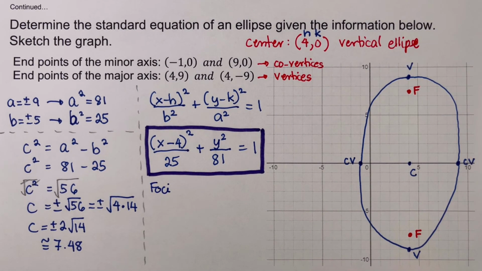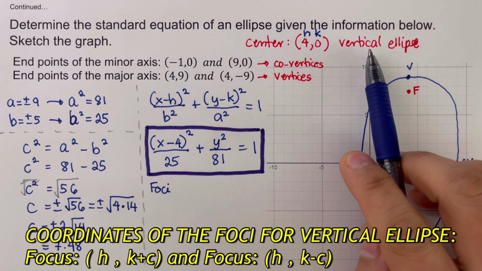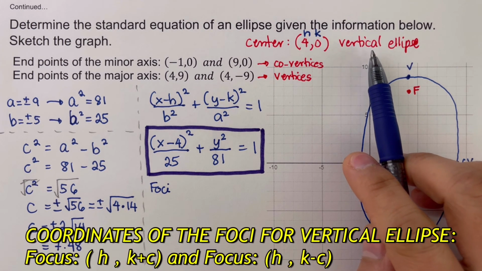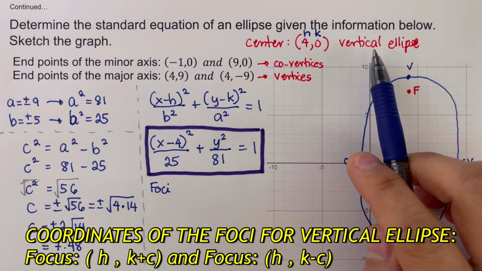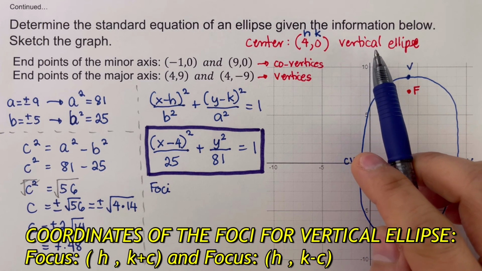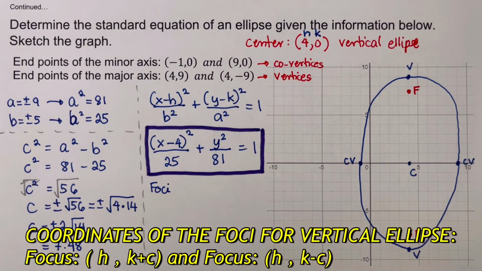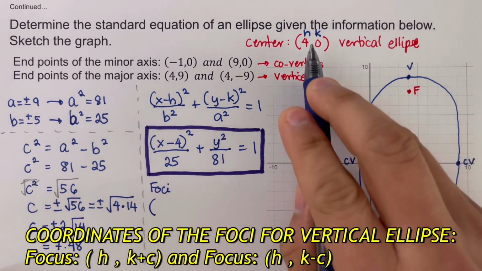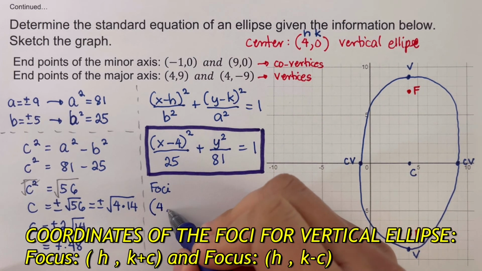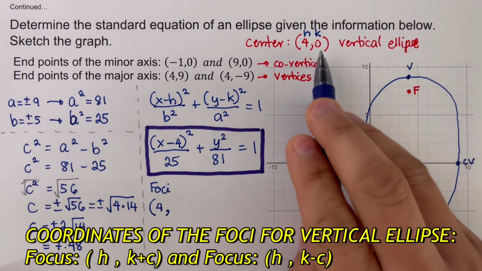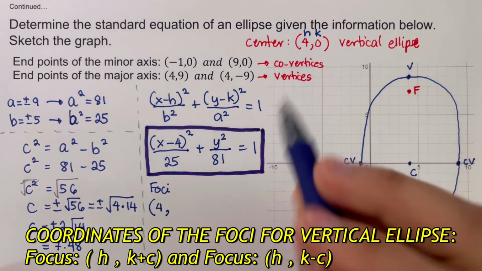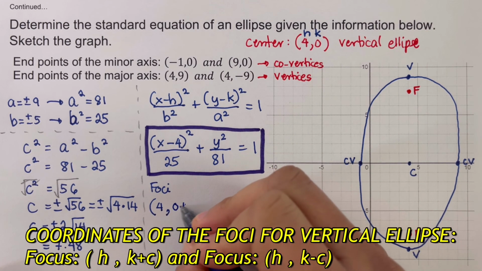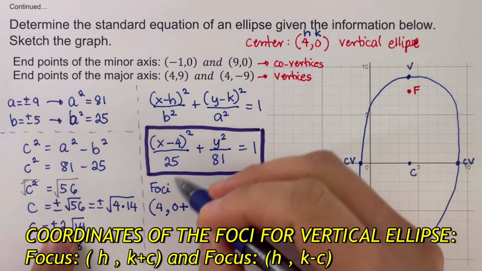We can therefore write the coordinates of the two foci. Since this is a vertical ellipse, the coordinates of the two foci are (h, k plus c) and (h, k minus c). Since this is vertical, I write 4, comma, that's the h, and then 0 for the k, so 0 plus our c, which is 2 square root of 14.